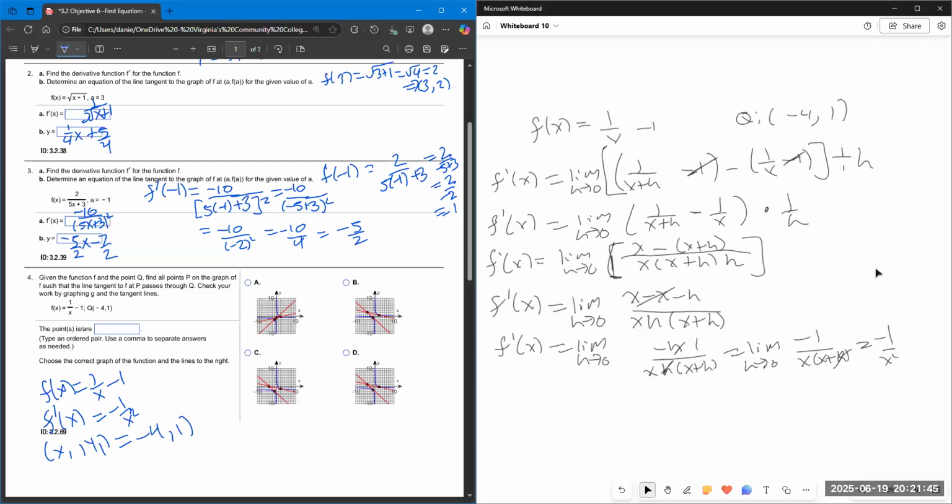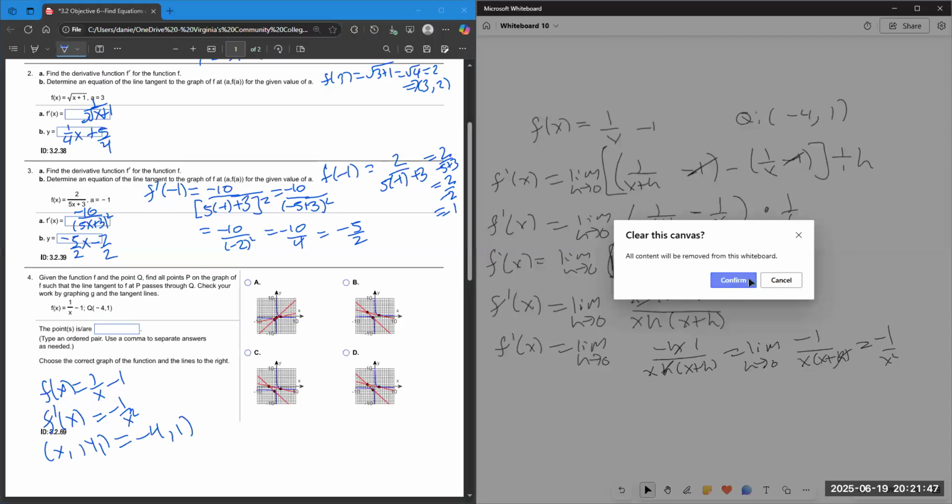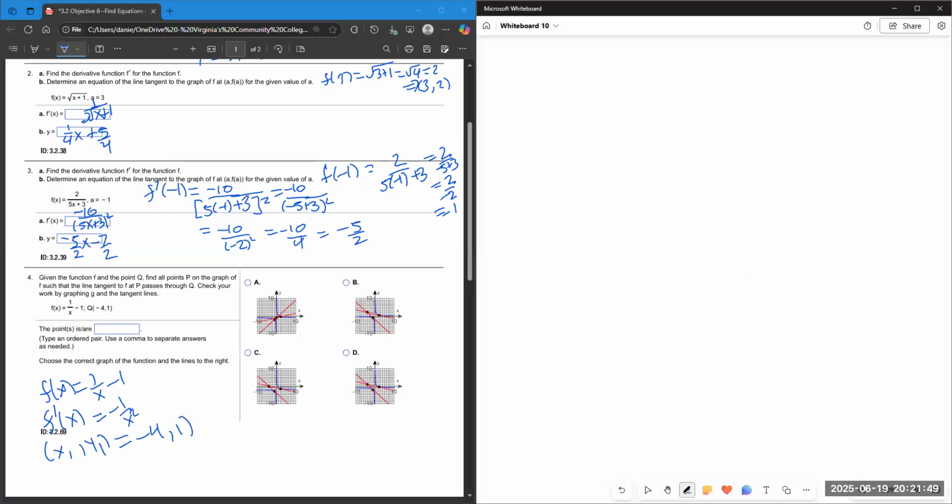All right. At the whiteboard, we're going to use y minus y1 equals m times x minus x1. So y is going to be f of x, which is 1 over x minus 1, minus y1, my y value of my point, which is 1.